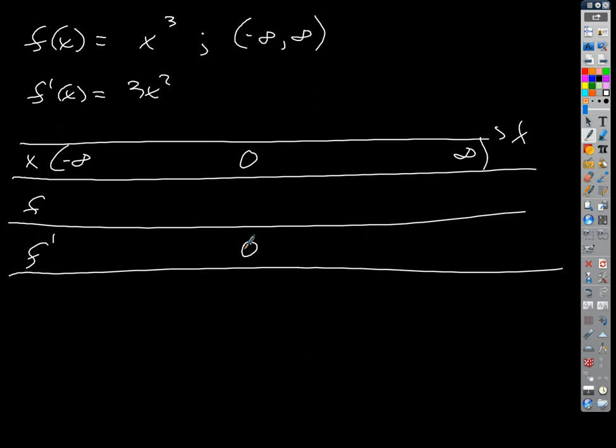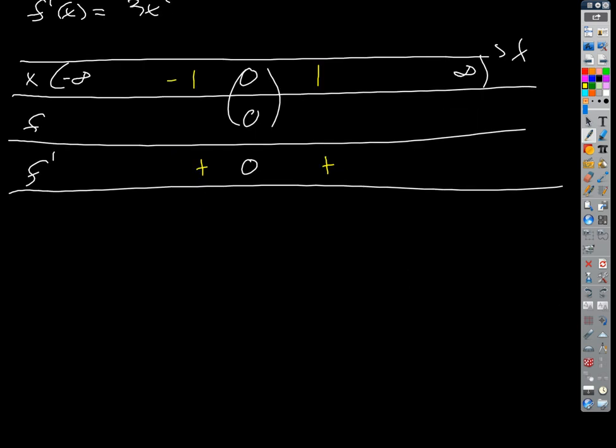What's the value of the function? 0. So what's a good test point? Just pick one. 1. At 1, what's the sign of the derivative? At negative 1, what's the sign of the derivative? Positive. Okay, so what's that mean?